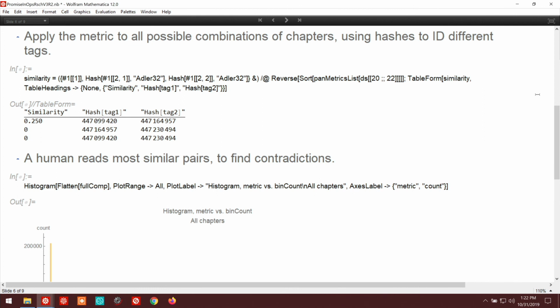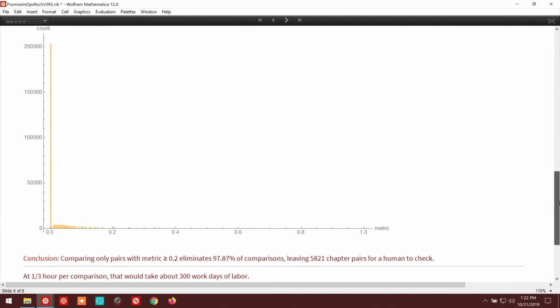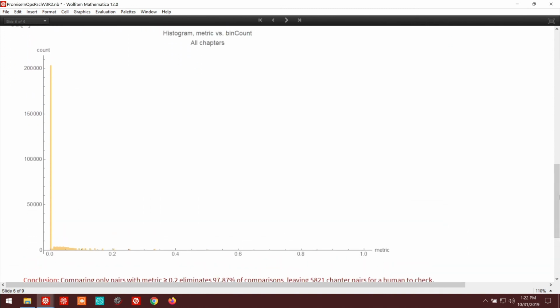Now, after applying it to everything, we end up with a histogram that looks like this for similarities. You'll notice on the left it starts at 0 and it goes on up to the right. 1.0 means that the two sets of acronyms are identical, and presumably the two chapters are talking about the same sort of thing.